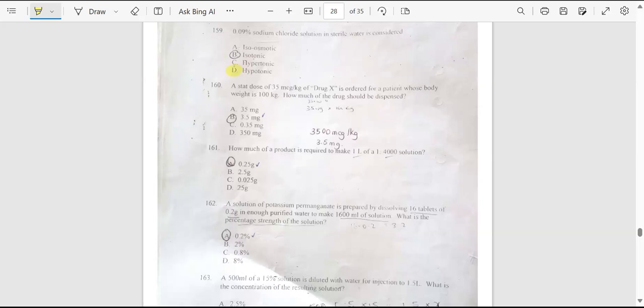Exactly, so we are comparing it with sterile water, not blood or plasma. Sterile water should be zero, so then it will be hypertonic because now it contains more solutes than water. Okay, that makes sense. I agree with that. Those are my two cents.